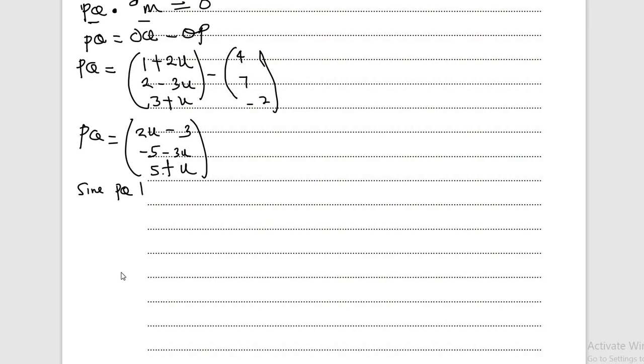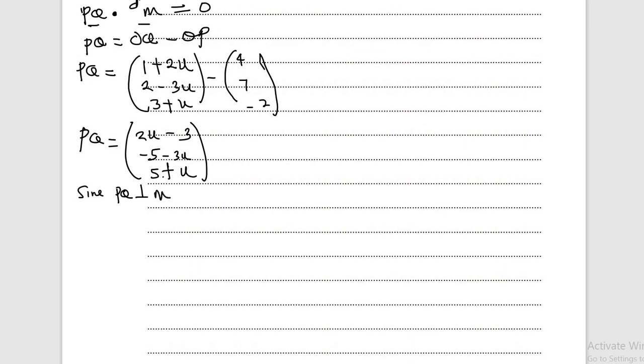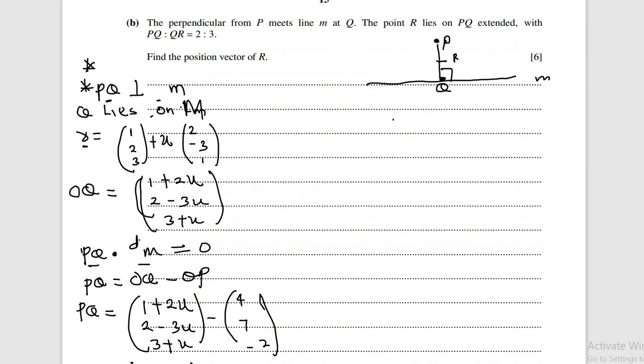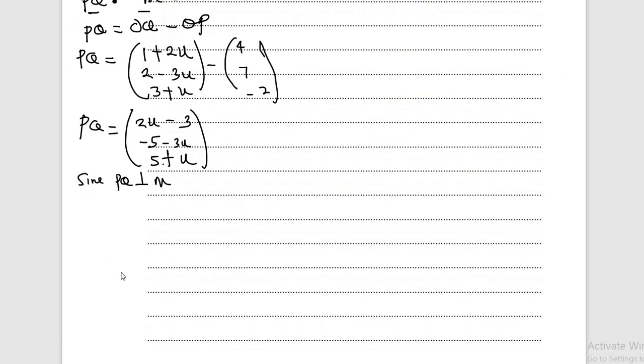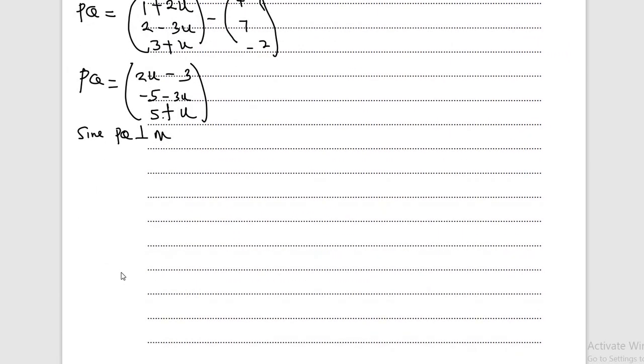Since PQ is perpendicular to the line M as shown earlier, PQ is a vector multiplied by the direction of the line, equal to 0.